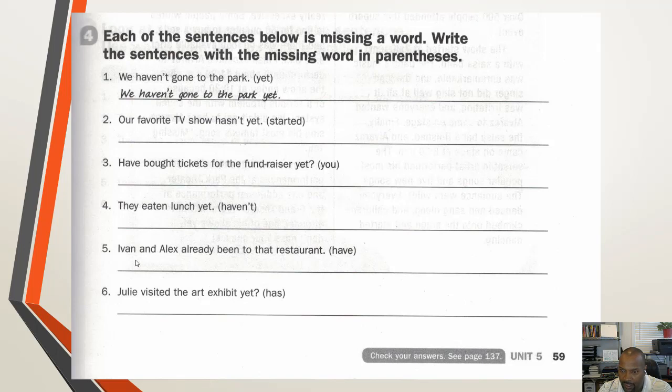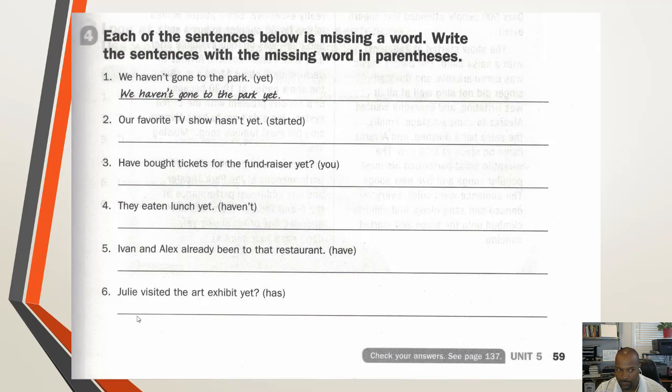Number 5, Ivan and Alex already been to that restaurant, and they want us to use the word have. Okay, so I wrote down, Ivan and Alex have already been to that restaurant.